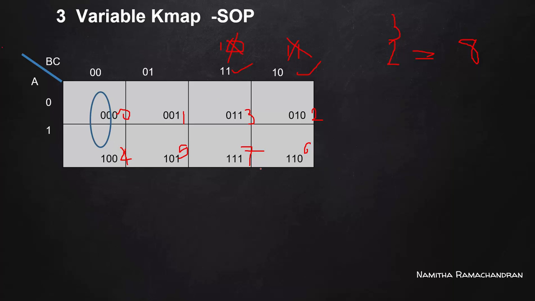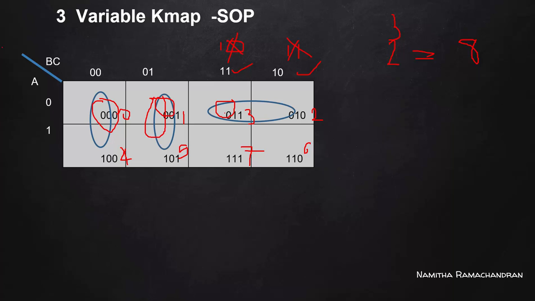Now consider some different possibilities of grouping. We can consider single cells, that means 2 raised to 0 cells. Another possibility is a group with 2 cells like this.